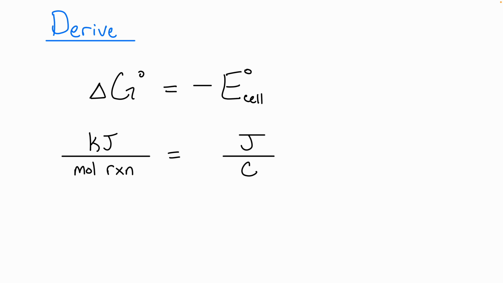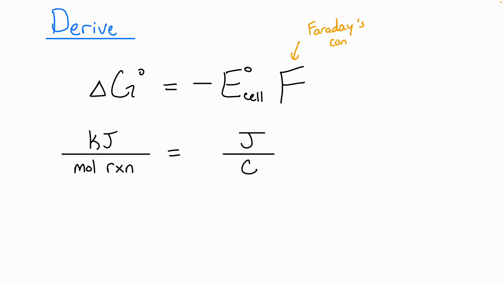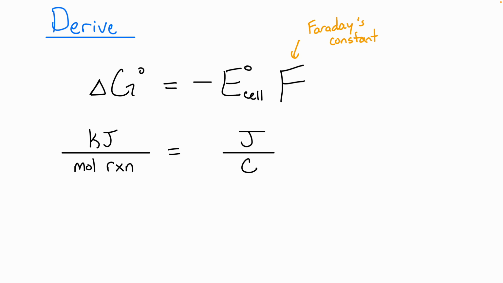So we're going to multiply the right-hand side by what's called Faraday's constant, because Faraday's constant tells us the charge, in coulombs, of 1 mole of electrons. Again, a coulomb is our unit for measuring charge. If we had 1 mole of electrons, what would the charge be? That's Faraday's constant.